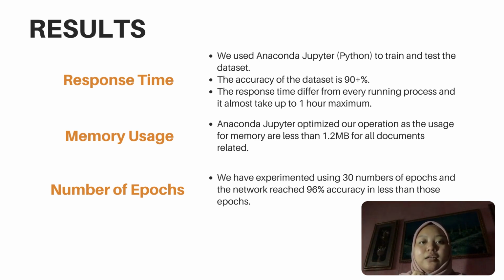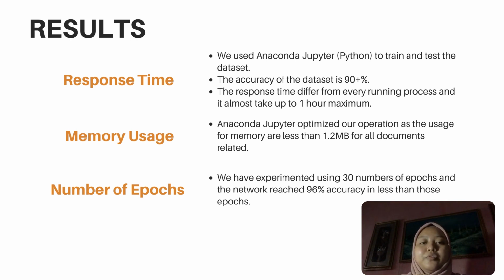Okay, so for the results, in terms of response time, we use Anaconda Jupyter Python to train and test the data. Second, the accuracy on the dataset is 90% and above. The response time differs from process to process, and it took about 1 hour maximum.